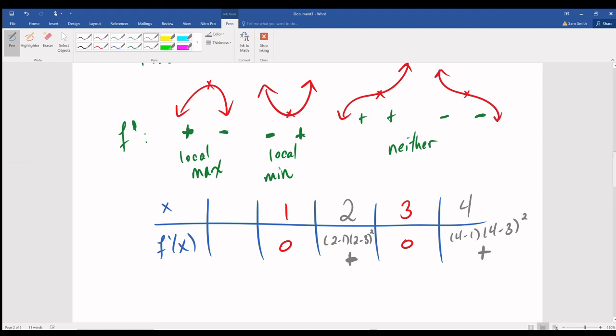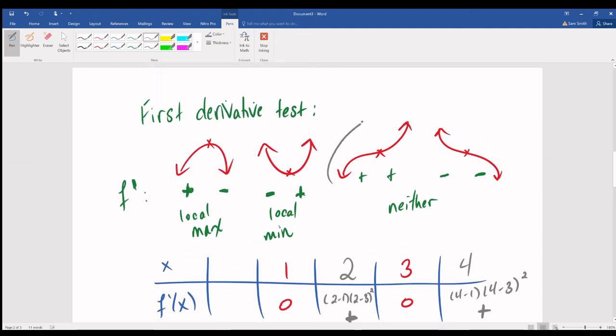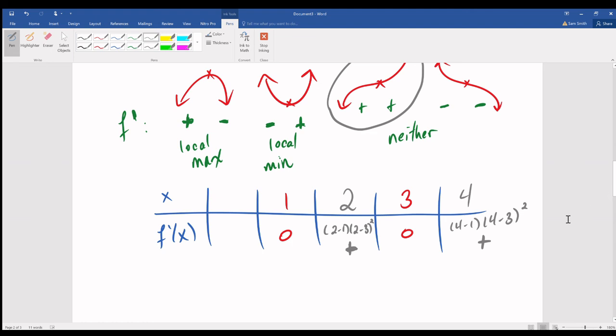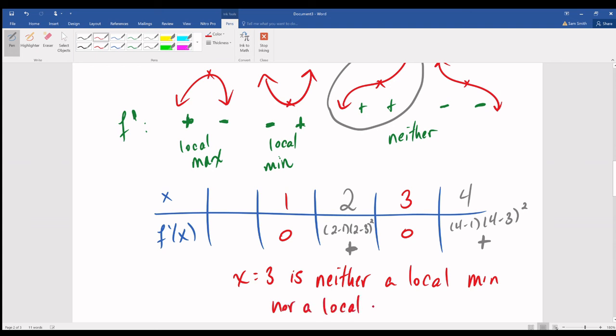So this function in the neighborhood of 3 resembles this situation, where the original function is increasing to the left and increasing to the right of x equals 3. And so based on that, I can conclude that x equals 3 is neither a local min nor a local max.